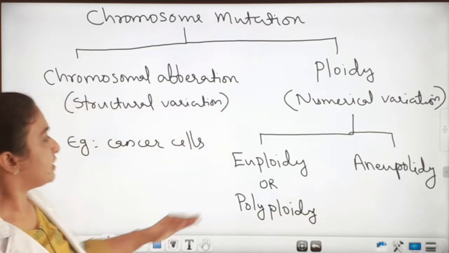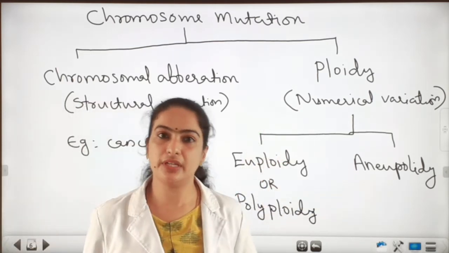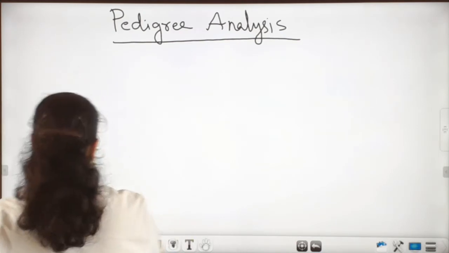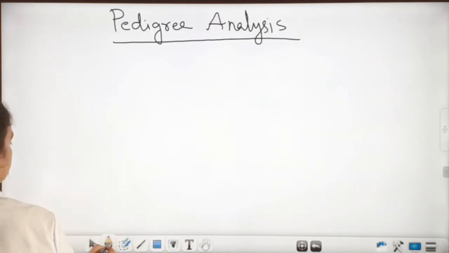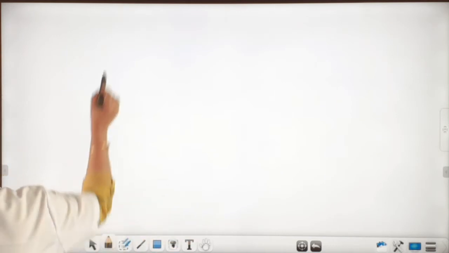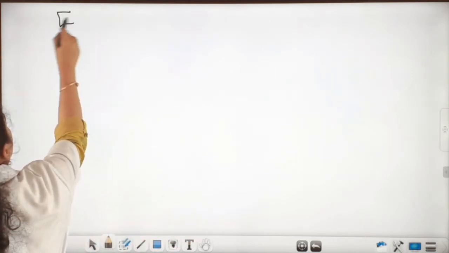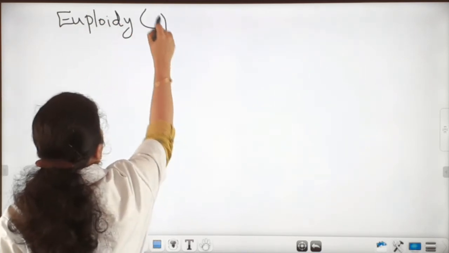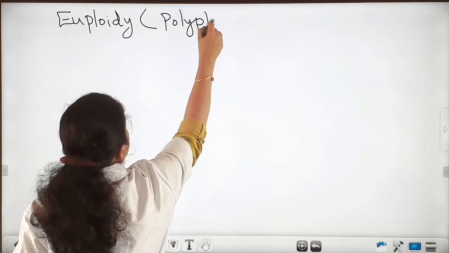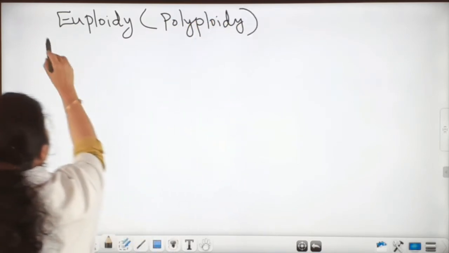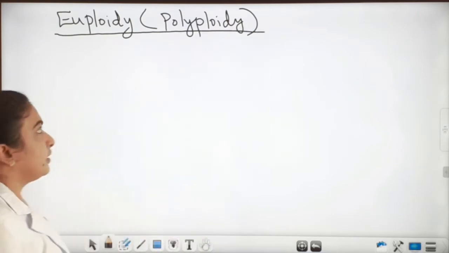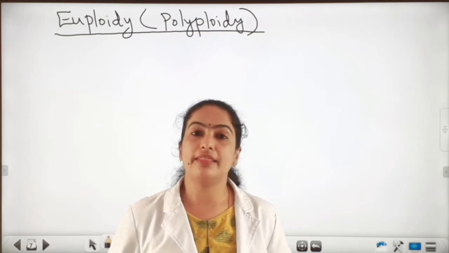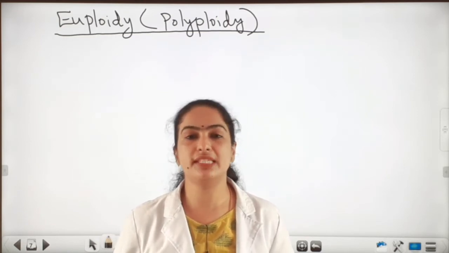Okay, so we can see the euploidy and aneuploidy in detail. Next we can see the euploidy. Euploidy is also known as polyploidy. Here, the mutation occurred due to a change in number that is an exact multiple of the basic number of chromosomes.